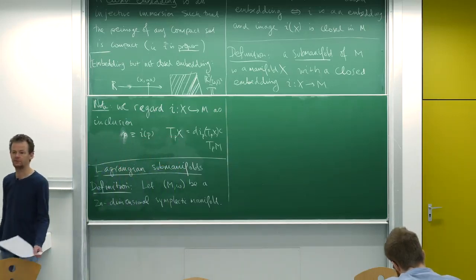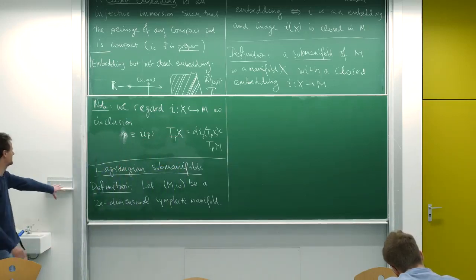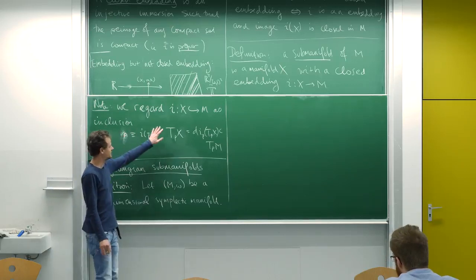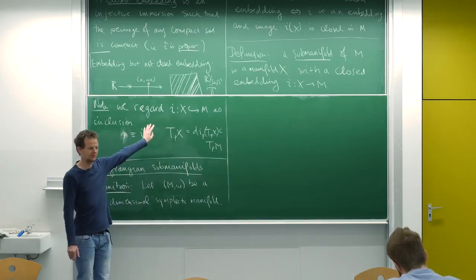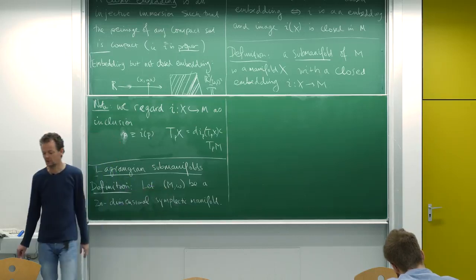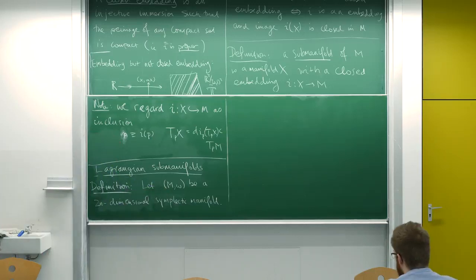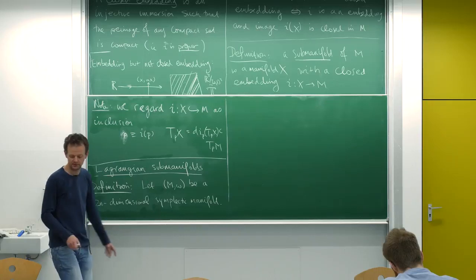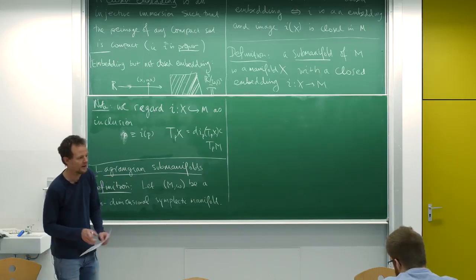So a Lagrangian submanifold, as the name suggests, is a submanifold. And because this is a course on symplectic geometry, it's going to be a submanifold of a symplectic manifold. So there it is. There's our symplectic manifold, M omega. And it's 2n dimensional. It's even dimensional, right? All symplectic manifolds are even dimensional.